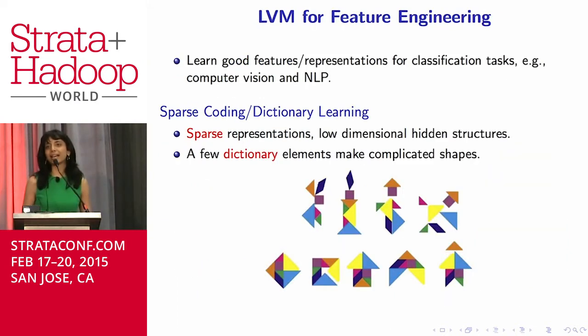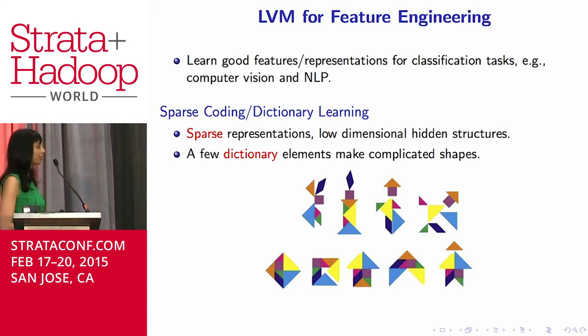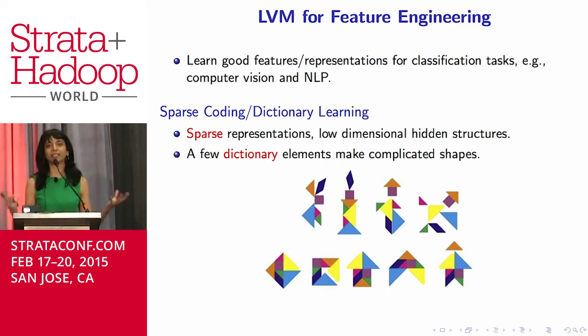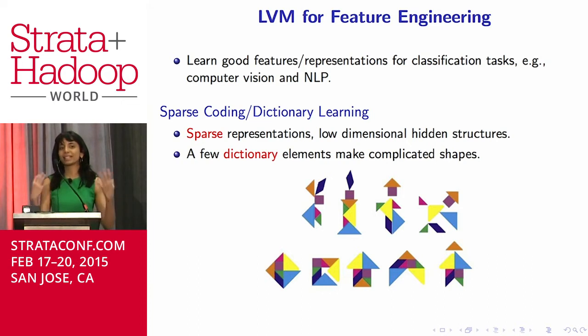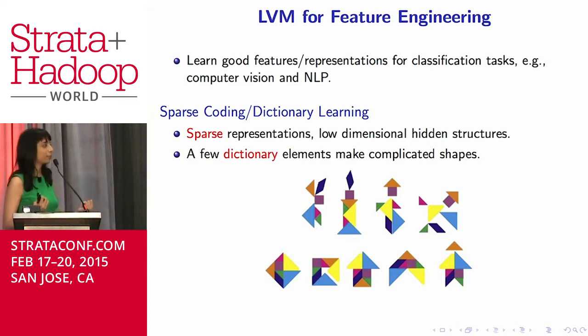Even when the task is actually a supervised learning task, these unsupervised learning methods can be very useful. Indeed, one of the exciting areas of machine learning has been feature engineering. How do we automatically engineer good feature transformations for classification tasks? Can we automatically learn good representations of the data?